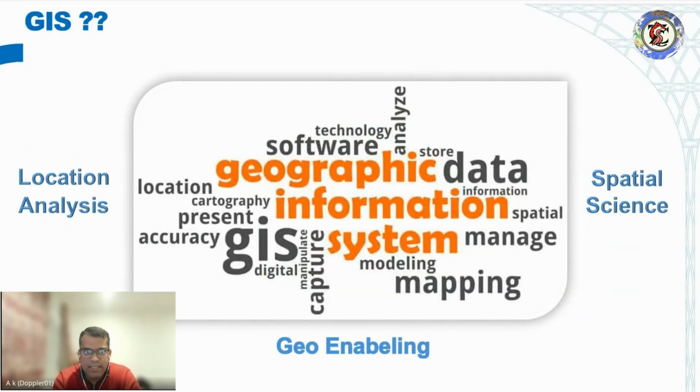Basically, GIS or geospatial goes by many names: location analytics, spatial science, geoenabling, and you name it. In simple terms, people don't know GIS, but they recognize one single term, that is Google Maps. Google Maps is a foundation, a very basic level GIS that people use day by day.